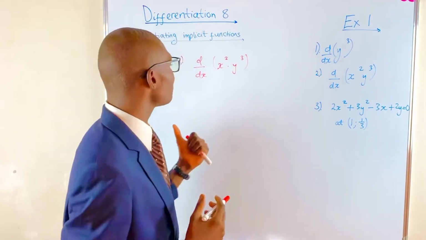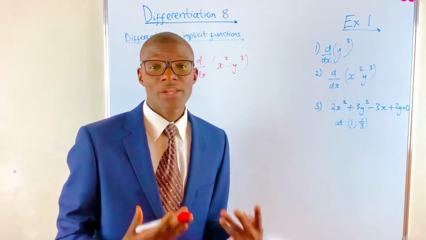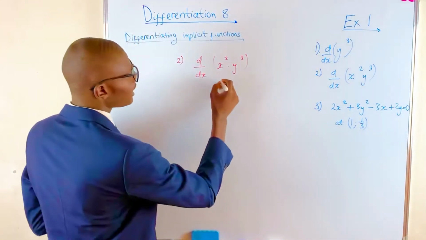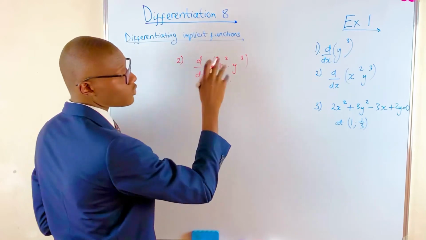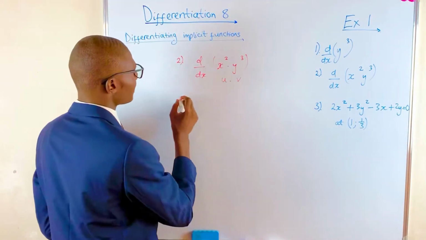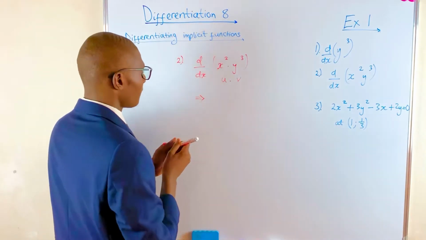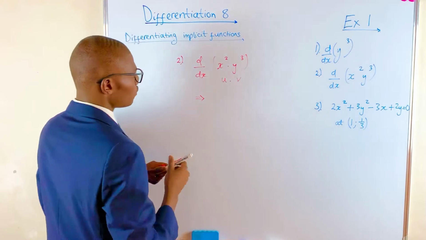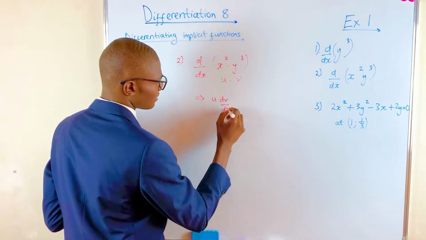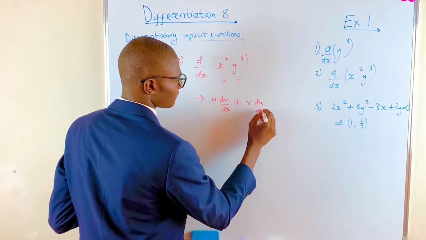And from the previous modules, we talked about how we can use the product rule to differentiate a product. So we shall let x squared be u, and then y to the power of 3 be v, such that this would be equal to u dv by dx plus v du by dx.